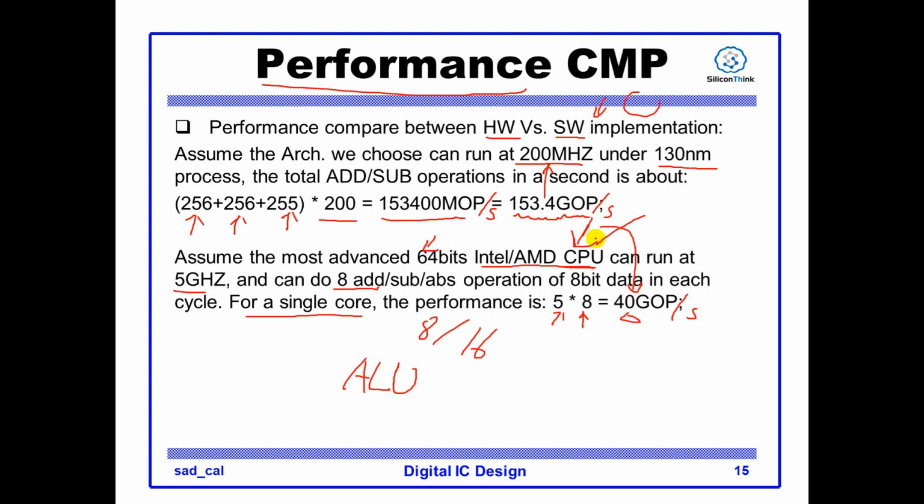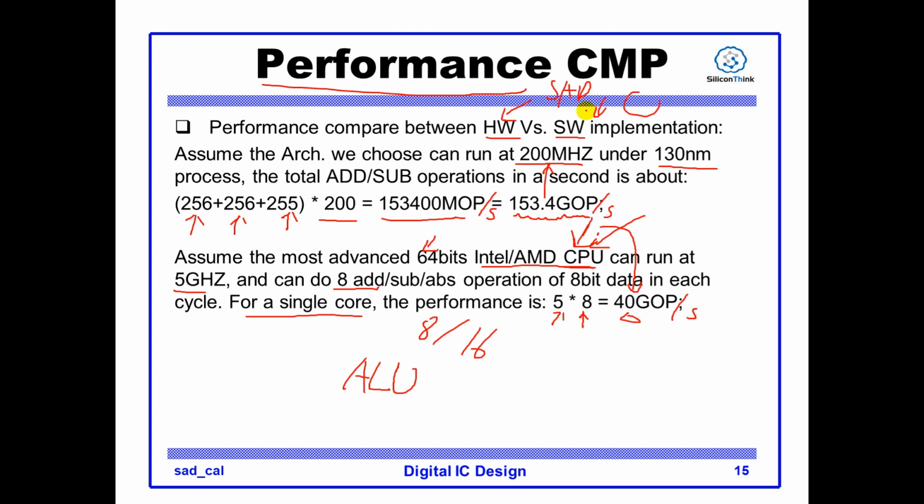The CPU is a general purpose processing unit. That is, it can do many different jobs. You just change the program, then it can do many different things. But for our circuit, we can only do SAT calculation.